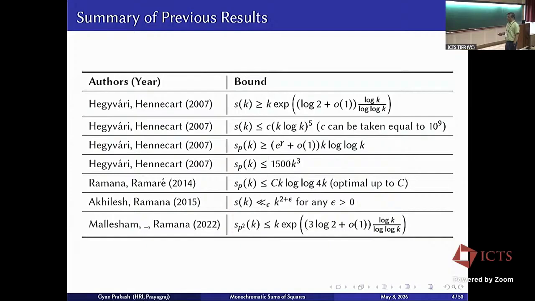So therefore, this S_P-square also is close to the optimal, except that here the constant of log 2 is 1, and here the constant of log 2 is 3. So bearing that aside, it is close to the maximal possible.